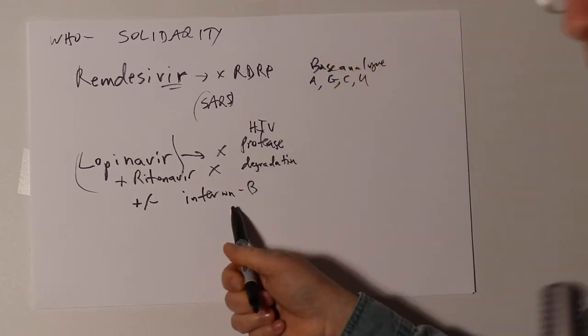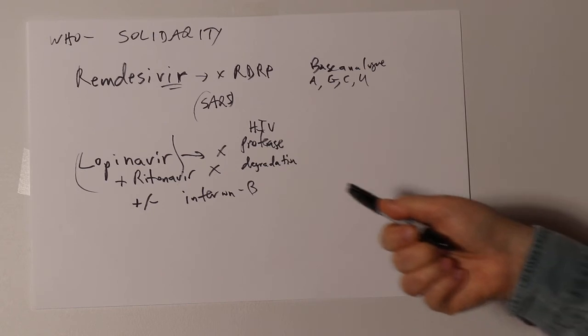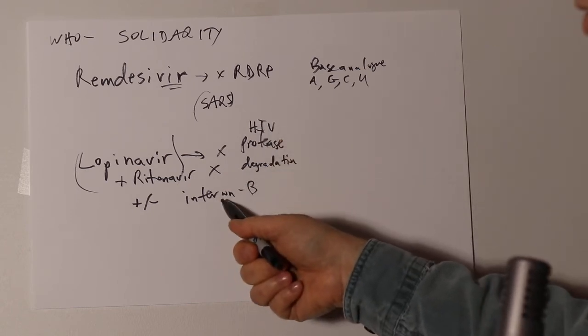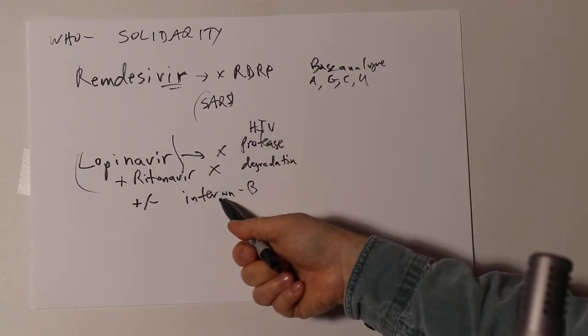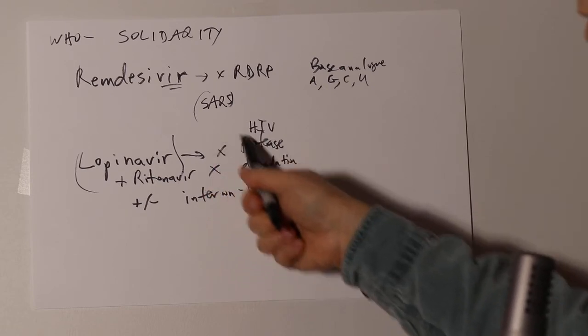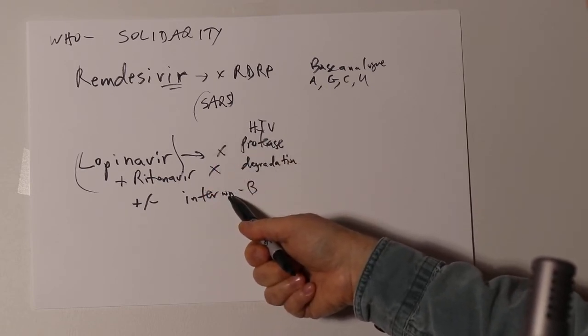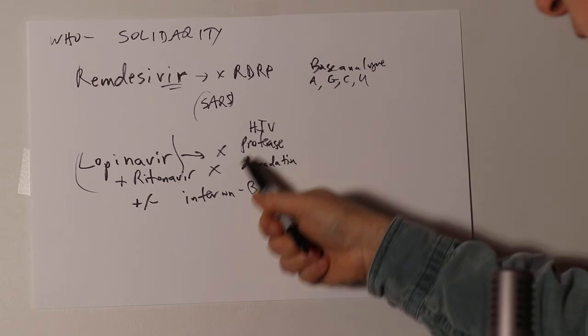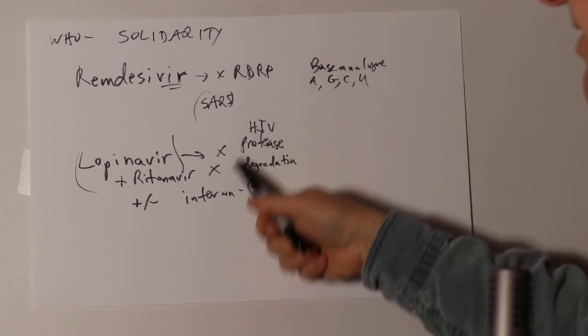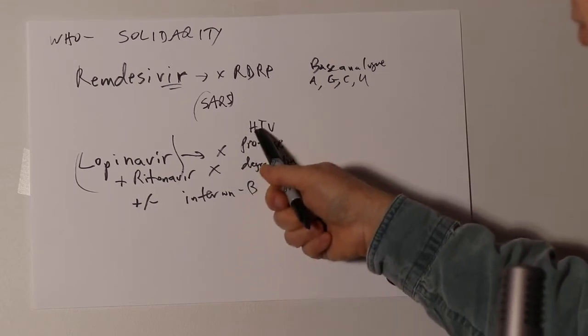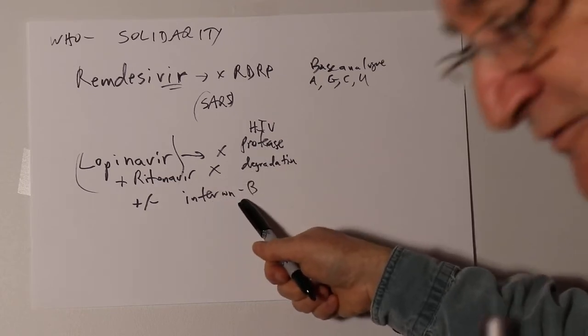So interferons are immunostimulatory molecules, or they're immunomodulatory molecules, and they must have some reason for thinking that this might work together with something that stimulates the immune system. But it's not obvious to me that there's any relationship mechanistically between a protease inhibitor and the interferon.